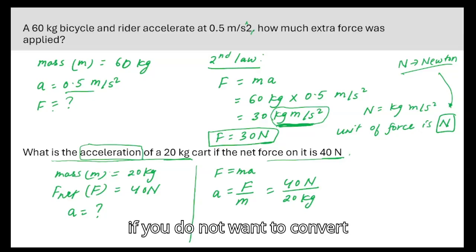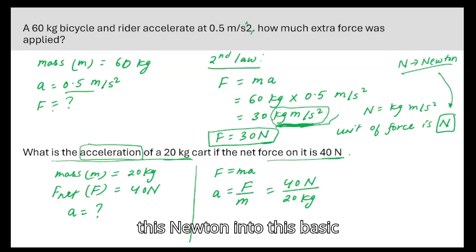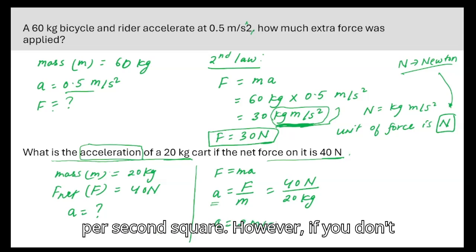And if you do not want to convert this Newton into the basic unit, then you can use your knowledge of the units and just say your acceleration is 2 meter per second square.